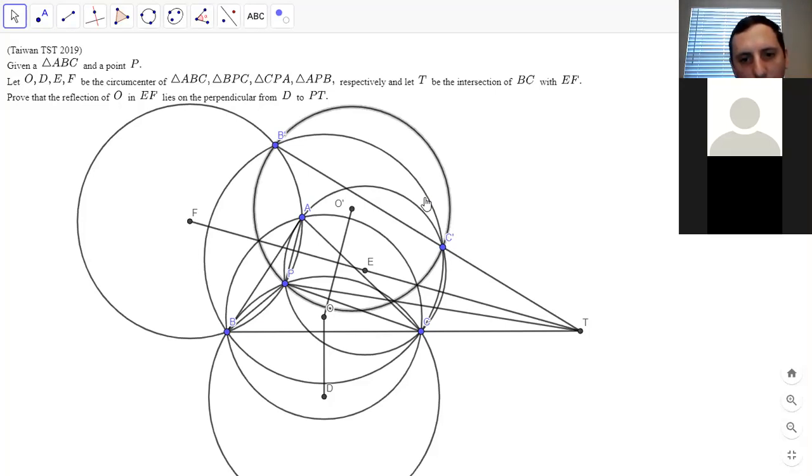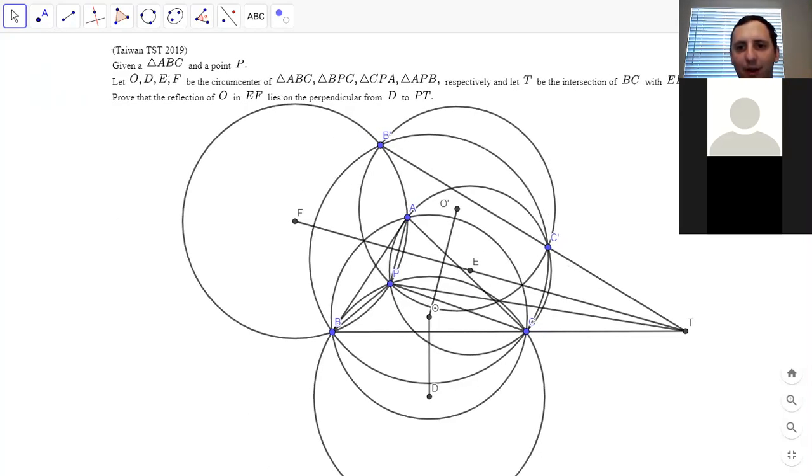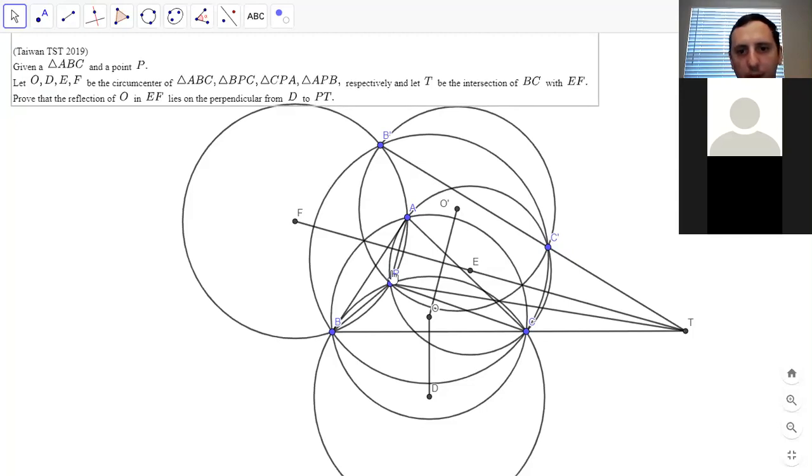So PT must be the radical axis of P, B prime, C prime, and ABC. And so it has to be perpendicular to O prime D. Yes. Interesting. That's a nice solution. All right, I like it. So yeah, we didn't even really use that PA O prime O as an isosceles trapezoid.